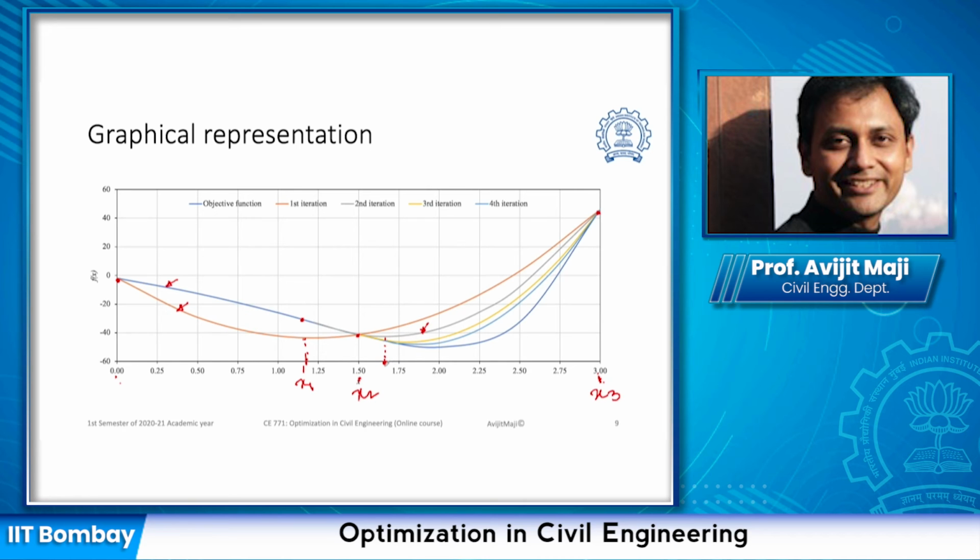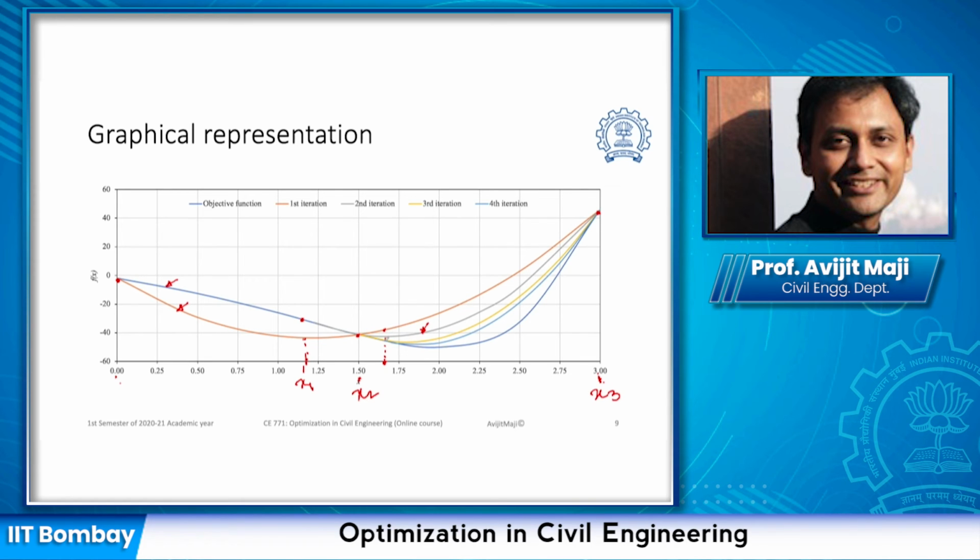So at this point, if we look into the function value of the given objective function and compare the objective function value of the 3 points, we'll find out that the objective function value here is still better.